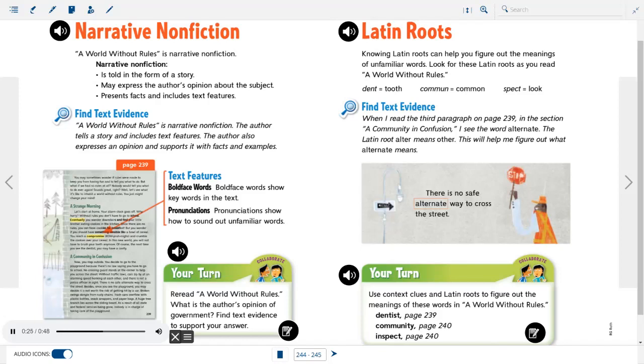Find text evidence. When I read the third paragraph on page 239 in the section A Strange Morning, I see the word alternate. The Latin root alter means other. This will help me figure out what alternate means. There is no safe, alternate way to cross the street.